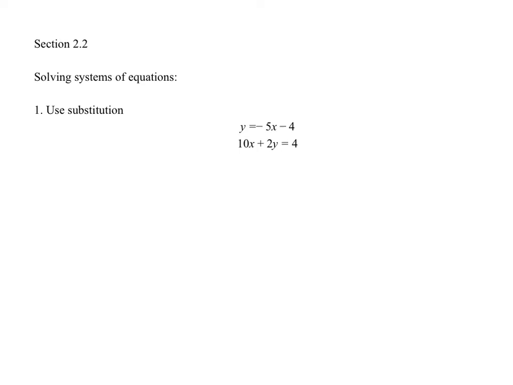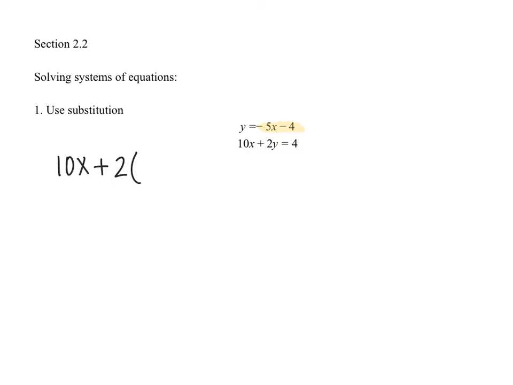So our first system is y equals negative 5x minus 4 and 10x plus 2y equals 4. This is the perfect type of system of equations to use substitution because I know what one of my variables equals. We know that y equals negative 5x minus 4. So I'm going to take that and plug it in for y in our second equation.